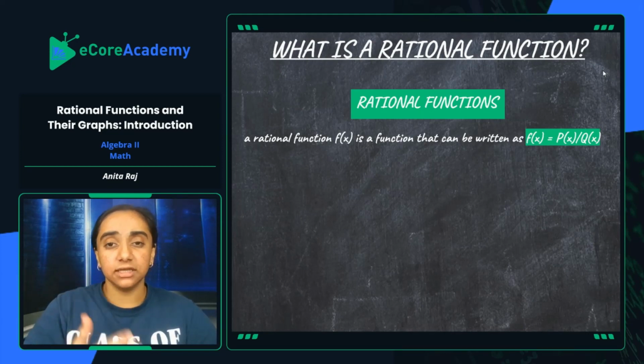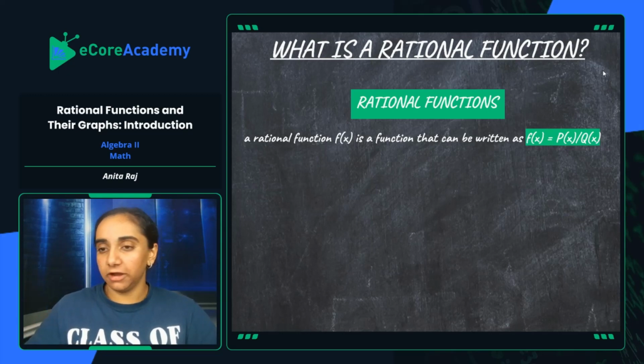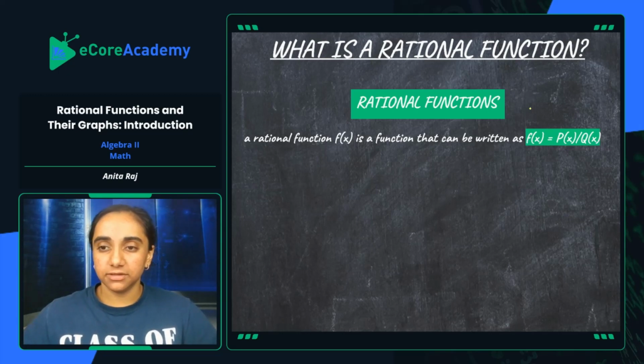And f of x is equal to this function p of x divided by q of x. So p of x is almost like our numerator, q of x is our denominator, because this is a fraction. So I'll just write it in terms like this, because it might be easier for you to see. F of x is equal to p of x over q of x.